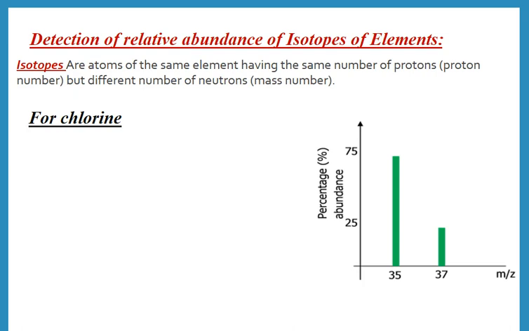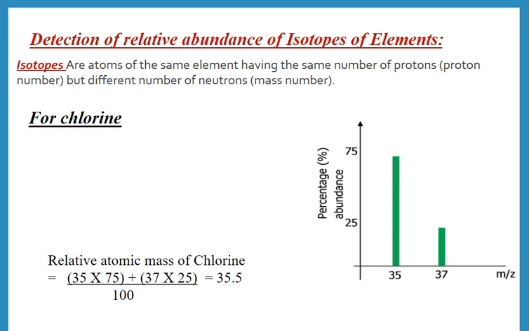I can use this information to calculate the relative atomic mass of chlorine. You remember how to calculate relative atomic mass of something? It is the abundance times the mass plus the abundance times the mass.